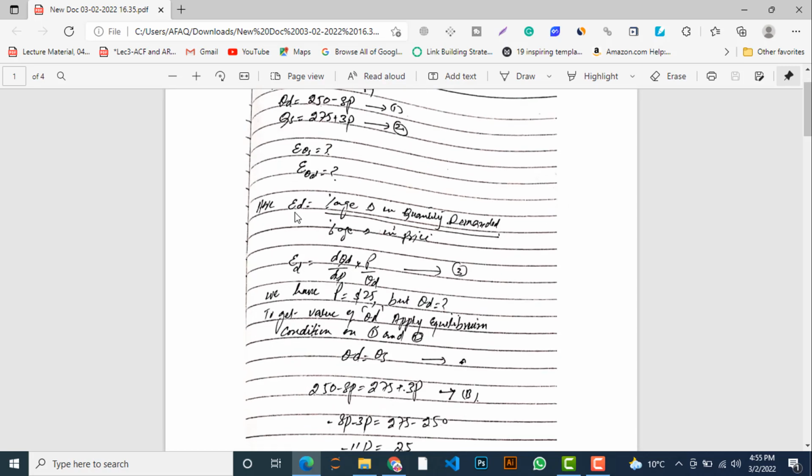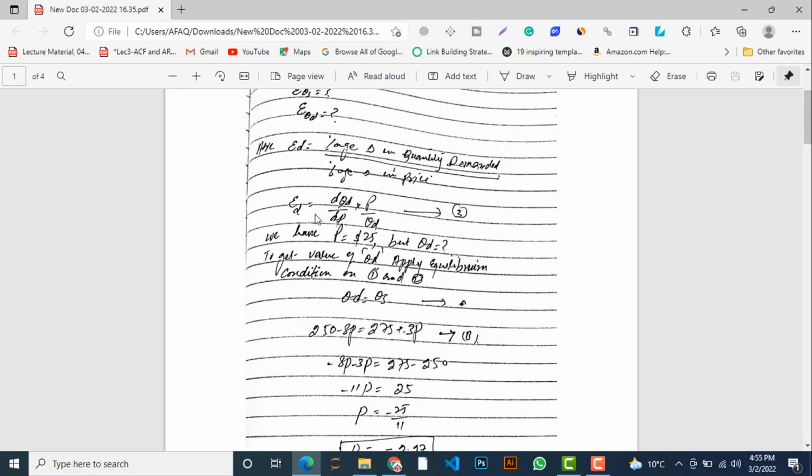We know that elasticity of demand, D stands for demand, is equal to percentage change in quantity demanded over percentage change in price. So elasticity of demand is equal to dQ over dP into P over QD. I label it equation 3.